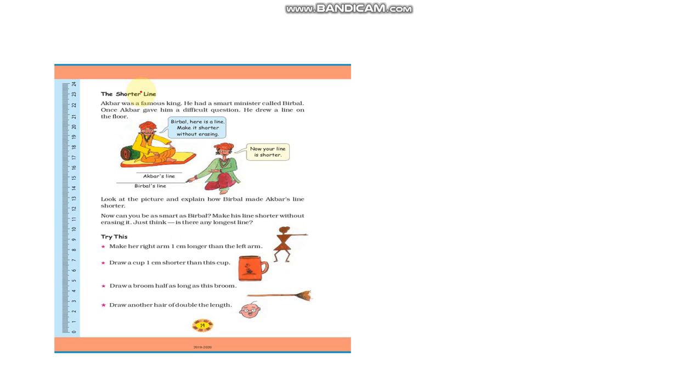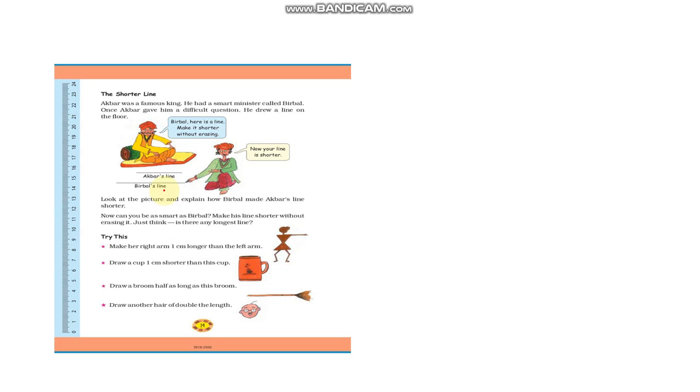Akbar is a very good idea creator, and Birbal comes up with a clever idea. Now this is a shorter line. Akbar was a famous king, and Birbal was a minister in Akbar's kingdom.